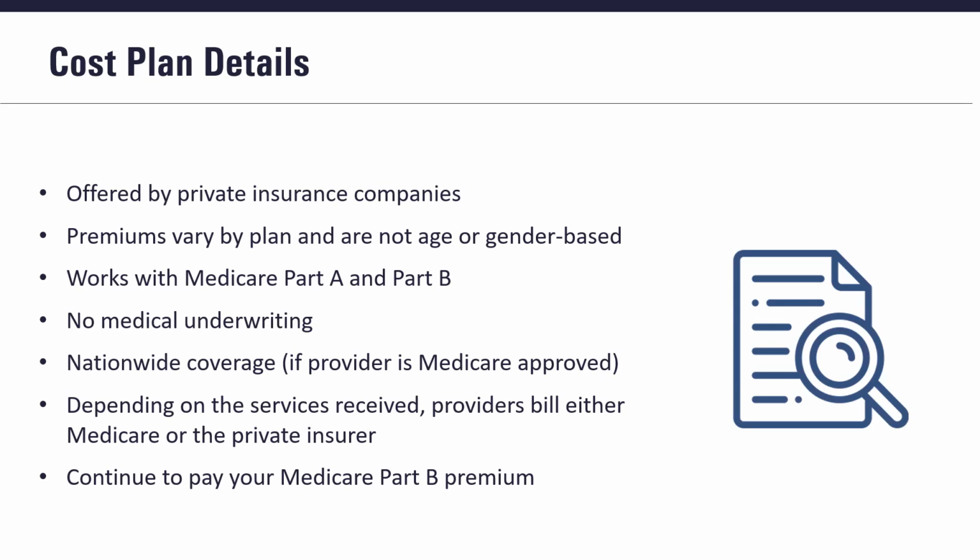These plans work with both parts of original Medicare, A and B, and there is no medical underwriting to apply for a Medicare cost plan. This allows for year-round enrollment in a Medicare cost plan that best fits your needs. Additionally, you can travel with a Medicare cost plan nationwide as long as you see providers that accept Medicare and will accept payment from the plan, from the carrier.